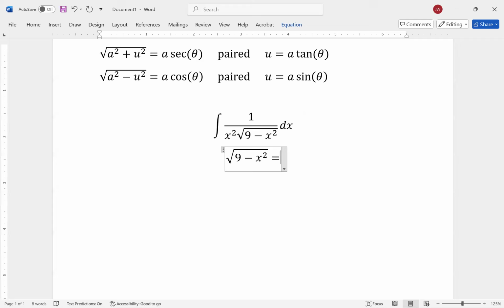We'll do a couple where u is not just x, but here, u is equal to x. And a squared is equal to 9, so a is equal to 3. So 3 times cosine of theta is my square root, and then x is equal to 3 times sine of theta.